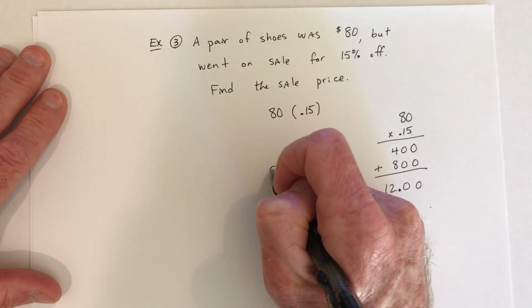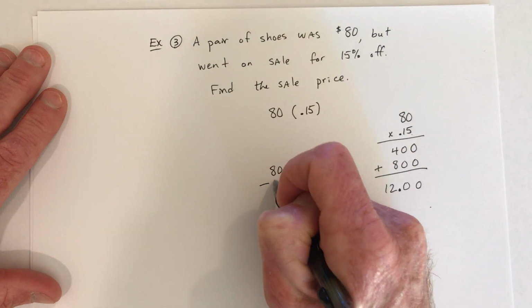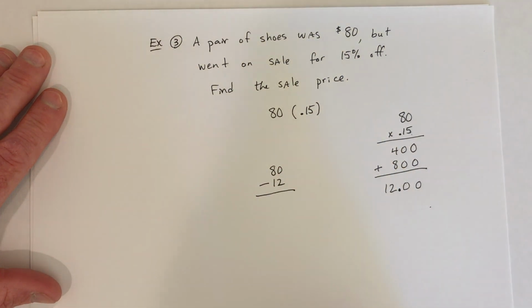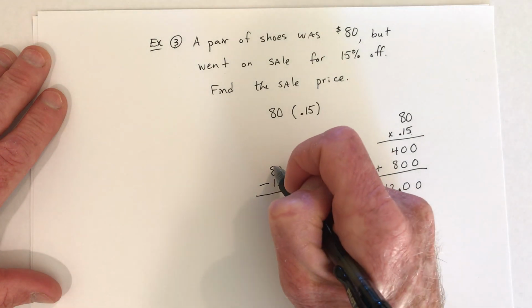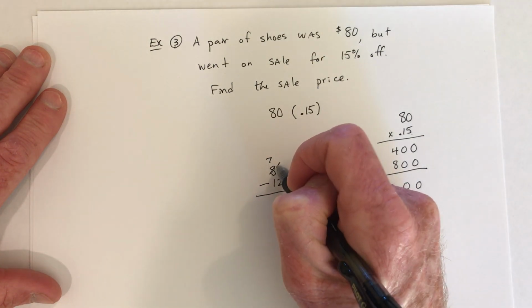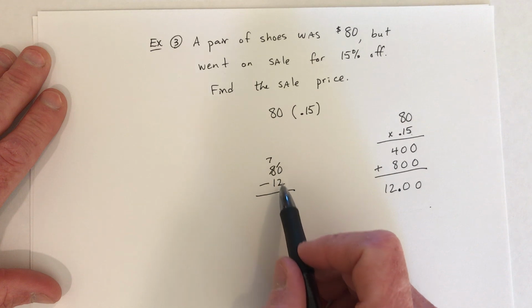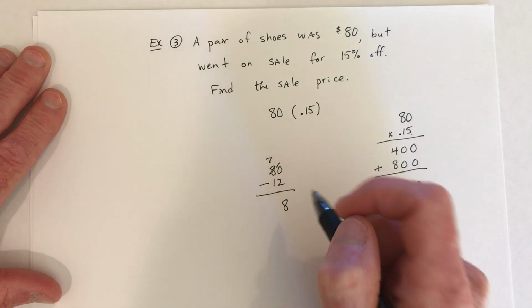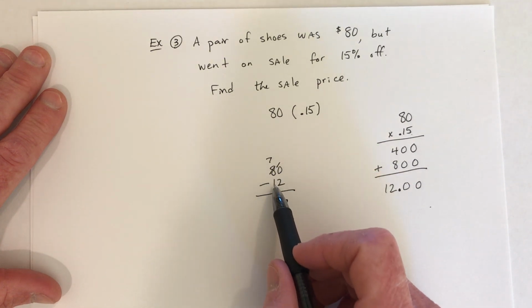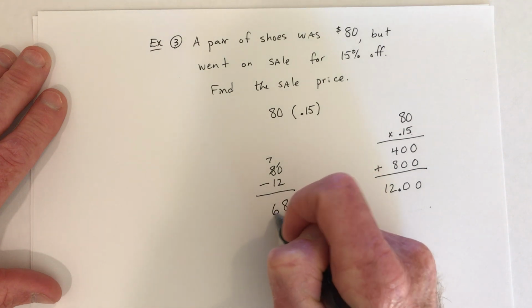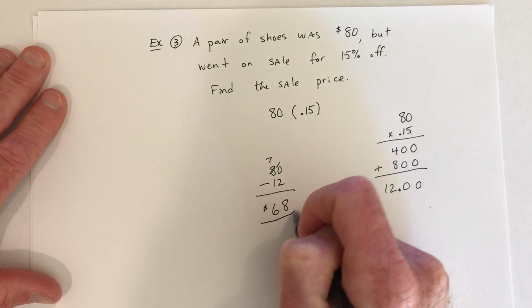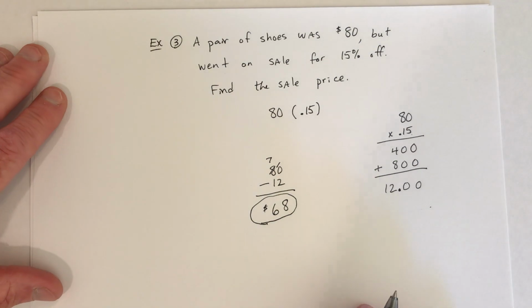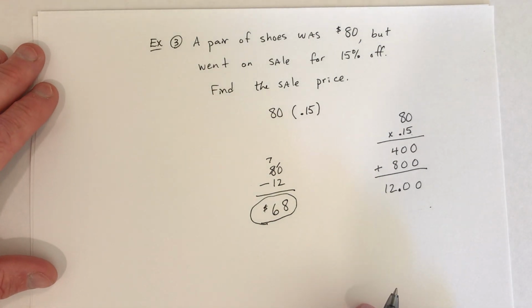So then the final answer would be $80, and then they're going to take off $12. So this can be changed to a 7, change that to a 10, minus 2 is 8, and 7 minus 1 is 6. So $68 would be the sale price.